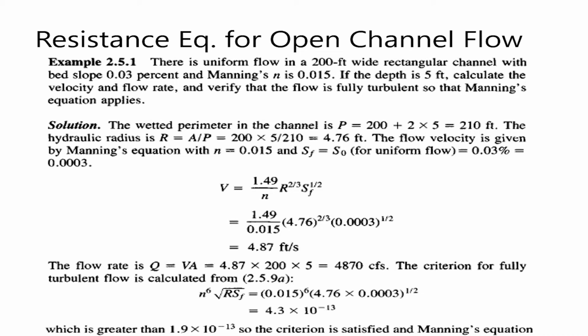Okay, so there are threshold values for this formula. Suppose the Reynolds number is less than 2000, the flow is laminar. 2000 to 4000, the flow is transitional, and above 4000, the flow is turbulent. Okay, so if we apply the Reynolds formula and get a Reynolds number more than 4000, then only we apply Manning's formula for computing velocity and flow rates.